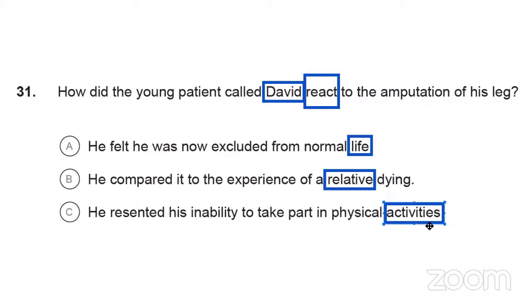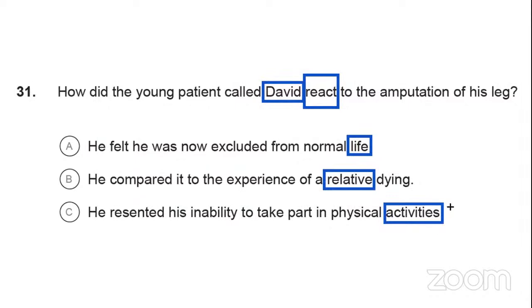Relating to activities. So is he worried about normal life, or is he comparing it to a relative's death, or is he talking about physical activities that he's not able to do?